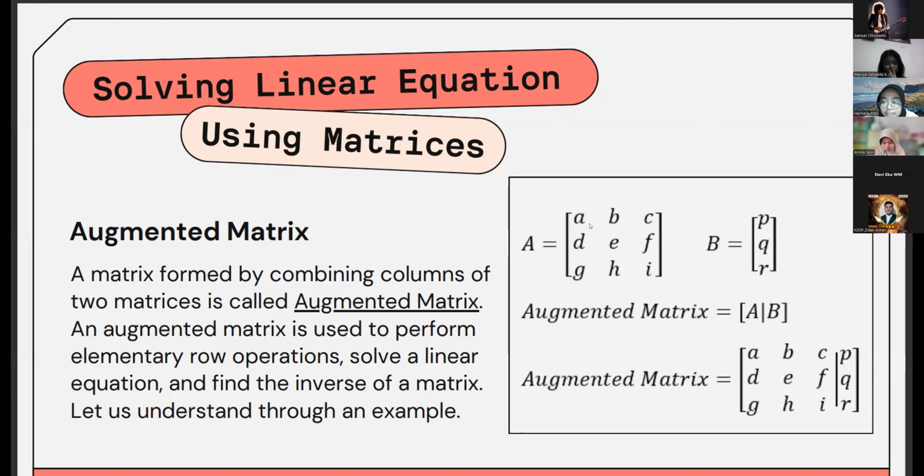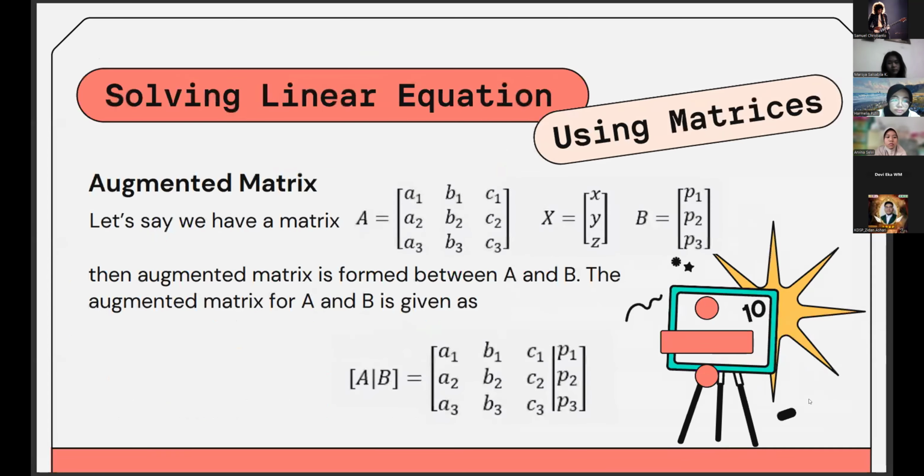Okay, first we see the right side here. Matrix A equals [A, B, C; D, E, F; G, H, I]. Matrix B equals [P; Q; R]. The augmented matrix AB is like this. Let's say we have a matrix A equals [A1, B1, C1; A2, B2, C2; A3, B3, C3], X equals [X; Y; Z], B equals [P1; P2; P3].